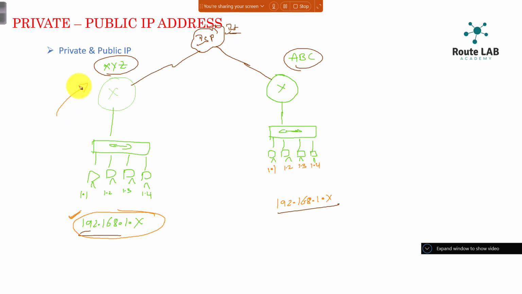These users are not able to communicate with the internet, because in the XYZ organization there are users using the IP address 192.168.1.1, and in the ABC organization, presented somewhere else, they are also using 192.168.1.1. Even if you try to access the internet using these unregistered IPs, your request reaches the internet. But the problem is, when the internet responds, is it going to send the reply to user 1.1 in the XYZ organization or user 1.1 in the ABC organization?